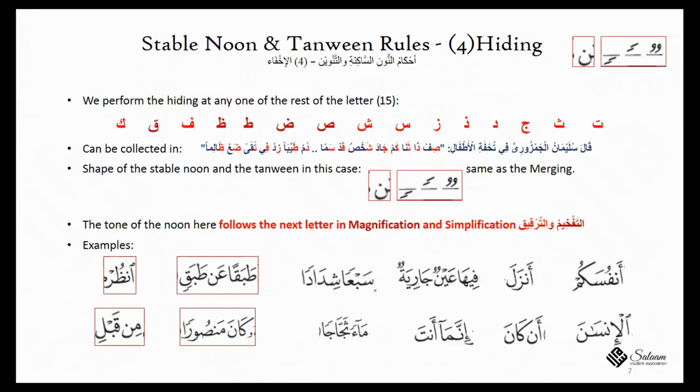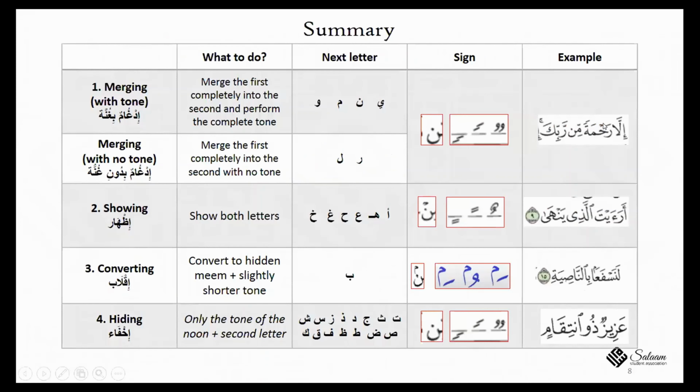And we will have two types of tones or ghunna. Al-ghunna al-mufakhama will be if the next letter is mufakham or magnified, and al-ghunna al-muraqqaqa will be if the next letter is muraqqaq. I hope it's clear.